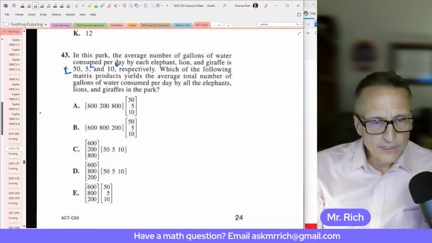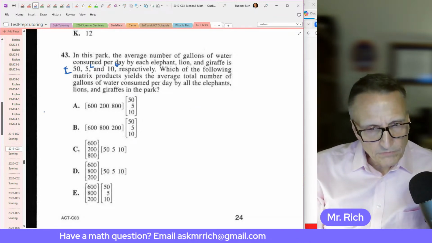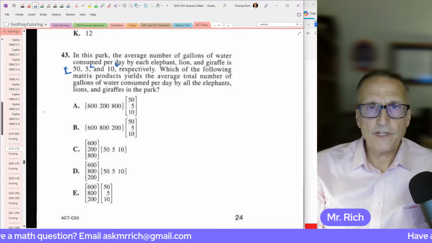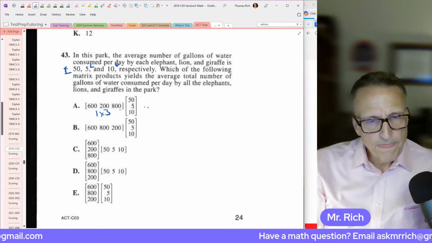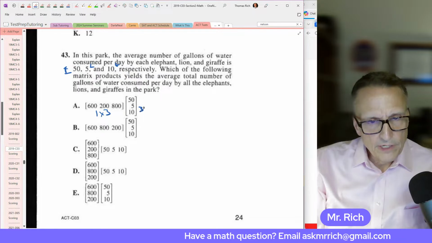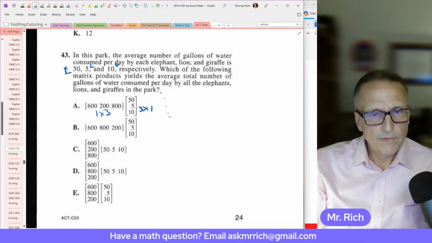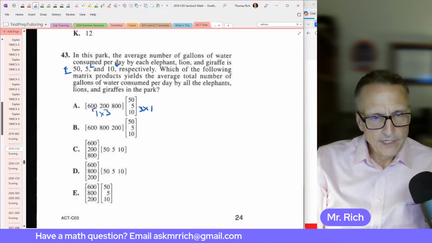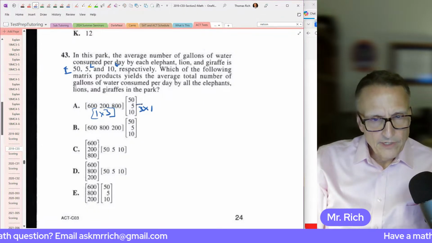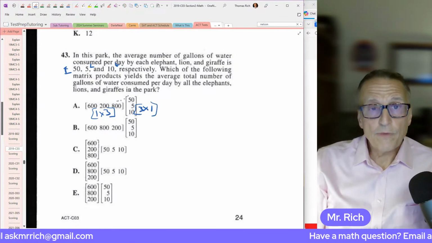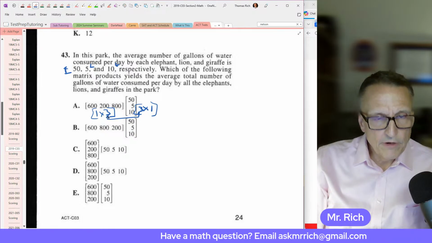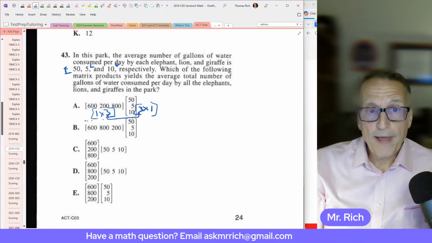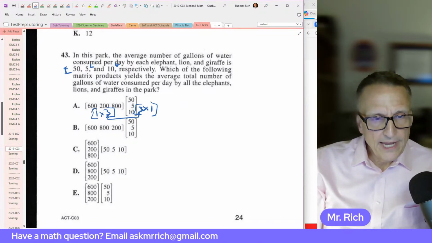Well, let's consider what the dimensions are of each of these matrices. This right here is a 1 by 3. This matrix here is a 3-row by 1 column. If I were to multiply these two matrices, as I was showing you before, I can do the multiplication because of these inner dimensions matching, but the result would be the outer dimensions.